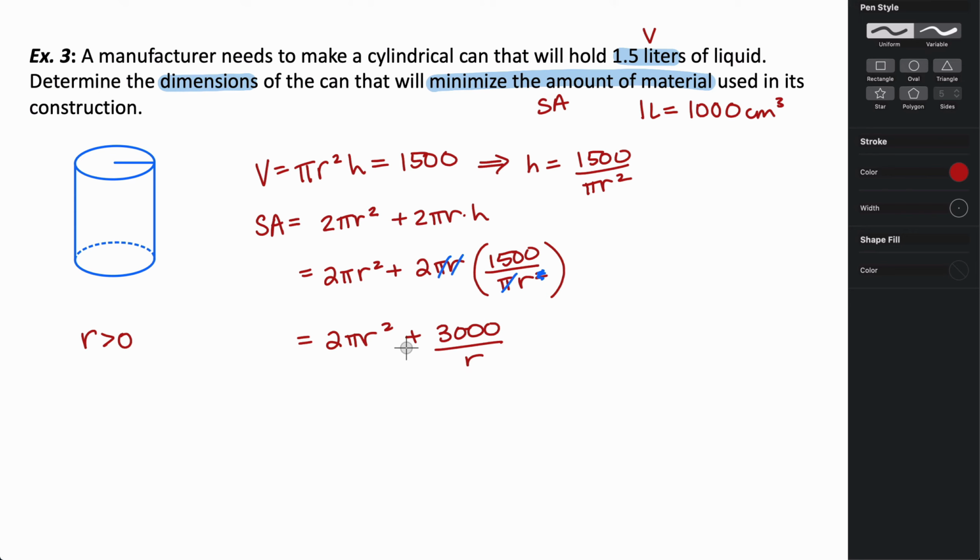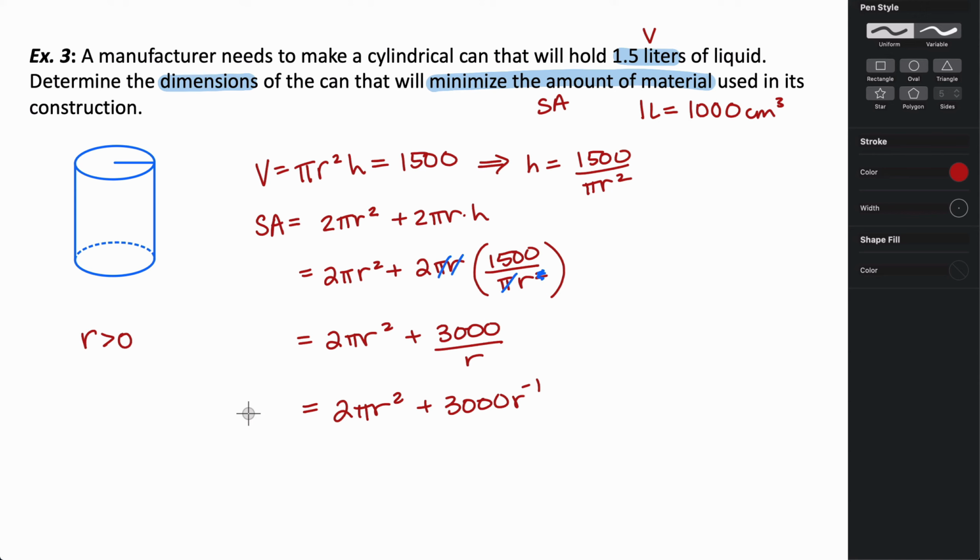So if we were to take the derivative of this, I would rewrite this as 3,000 times r to the negative 1. So this is going to be equal to 2 pi r squared plus 3,000 times r to the negative first power, right?